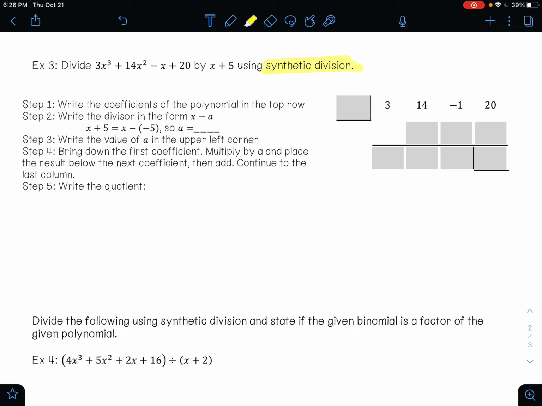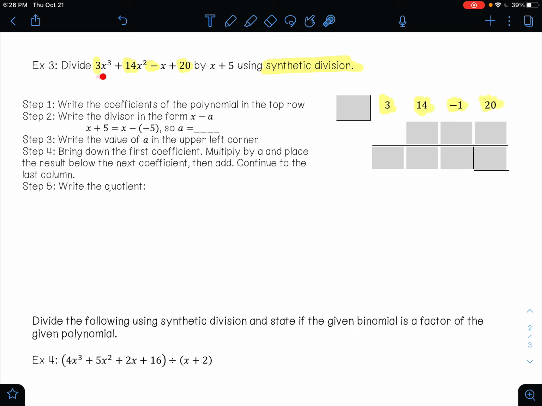Synthetic division is when you just focus on the coefficients. So if you look here, my coefficients are 3, 14, -1, and 20. And you'll see that those numbers are right here in that order.